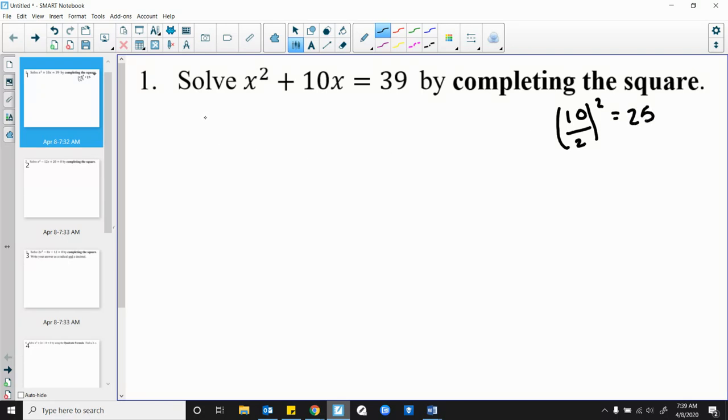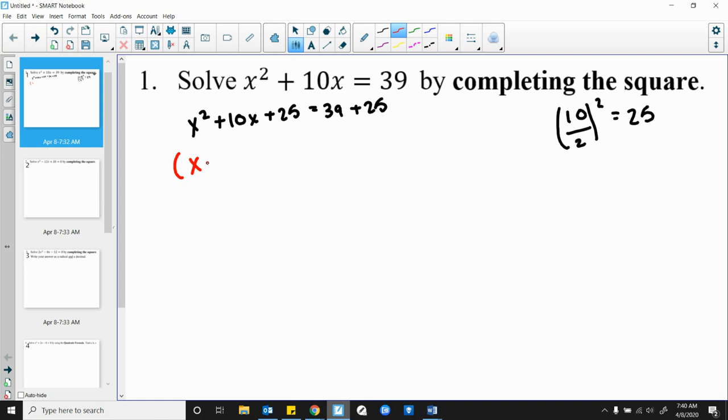Once I get that number, I'm going to add it to both sides. So x squared plus 10x plus 25 equals 39 plus 25. Once I get that, I can start simplifying, first by factoring. What multiplies to give me 25 and adds to give me 10 is 5.